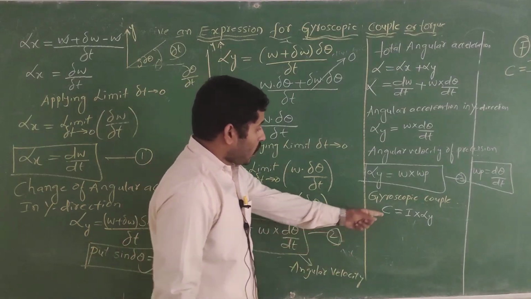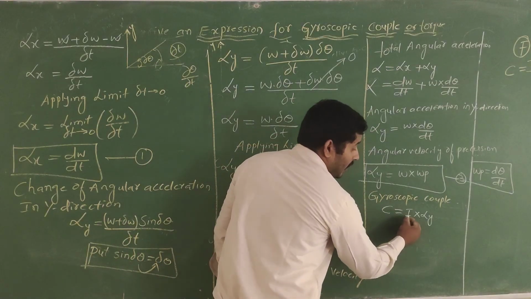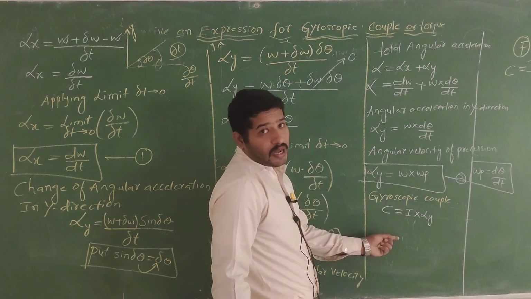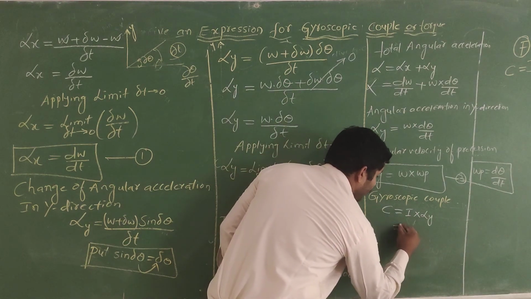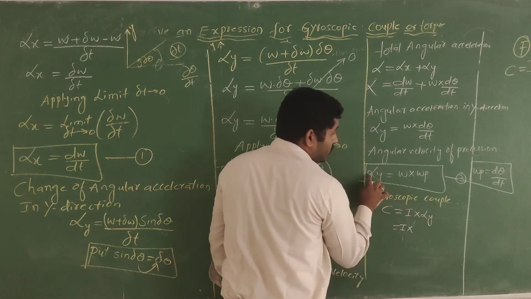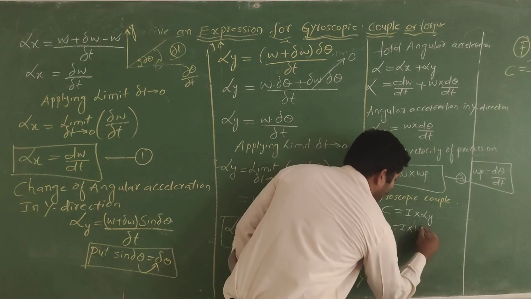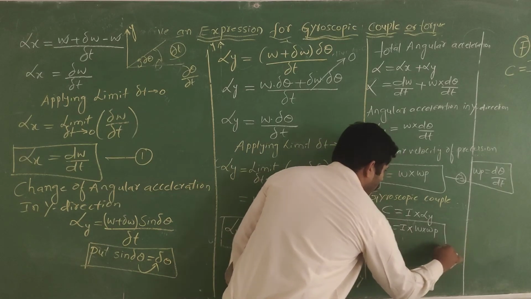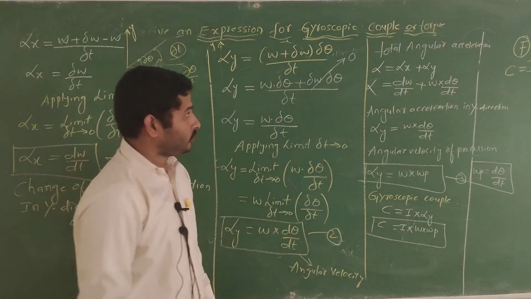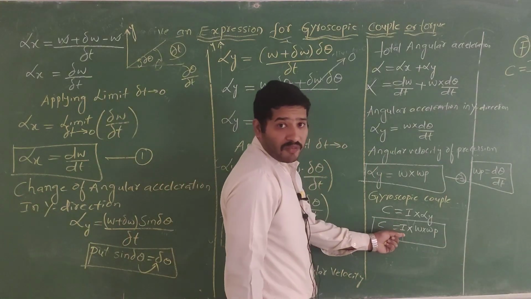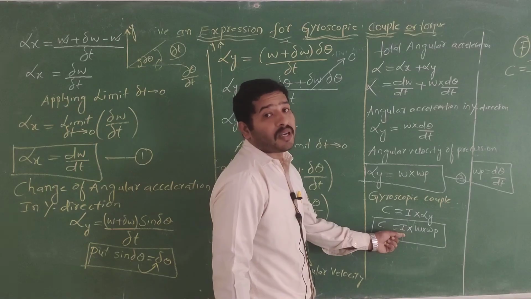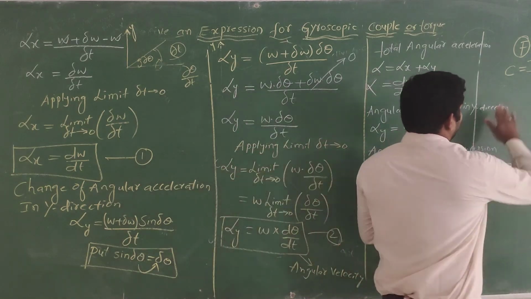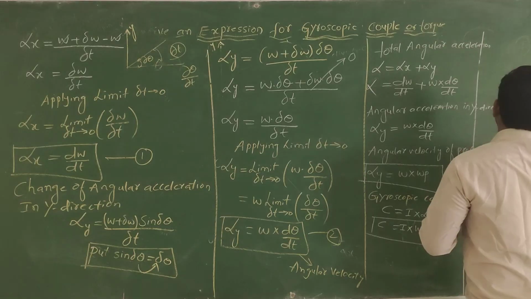Okay dear. I is the mass moment of inertia. Then I into alpha y is omega into omega p. That is the derivation of the gyroscopic couple. But what is the I value? The mass moment of inertia.